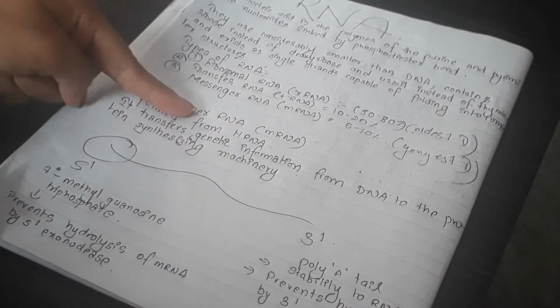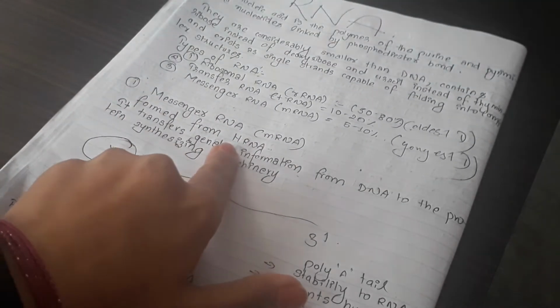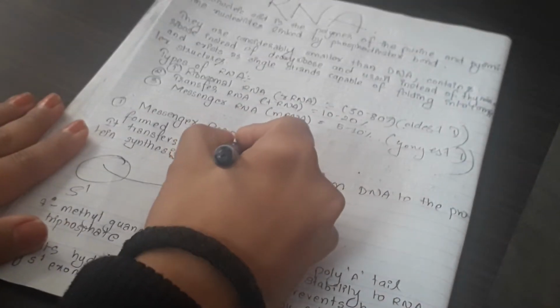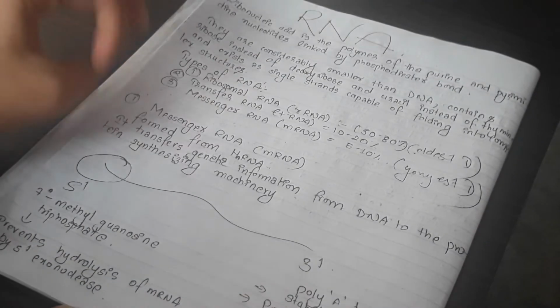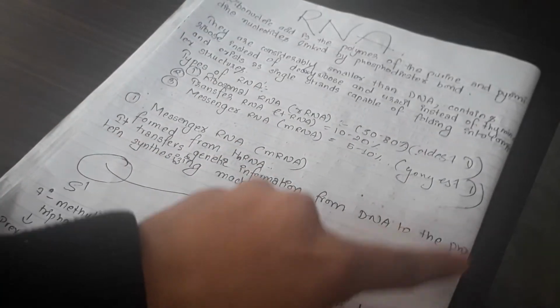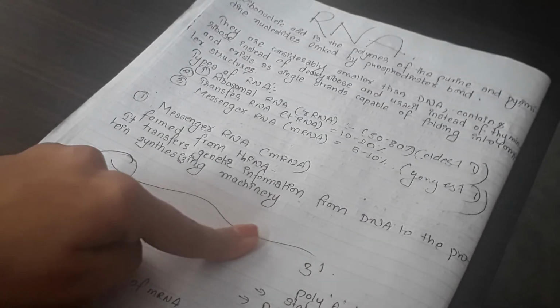Messenger RNA comes from heterogeneous nuclear RNA, that is HnRNA. The function of messenger RNA is to transfer the genetic information from DNA to the protein synthesizing machinery, that is rRNA.